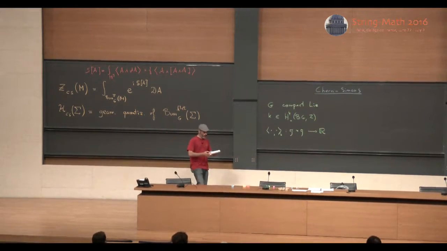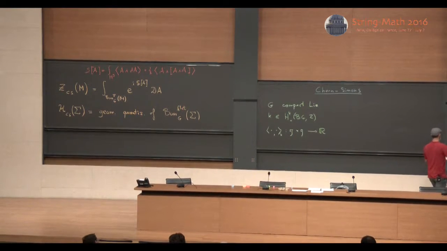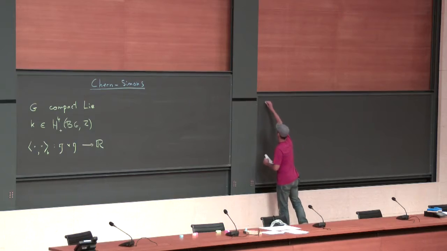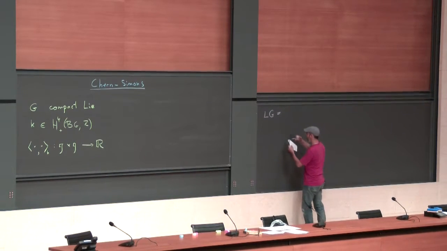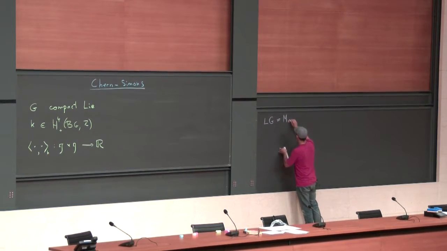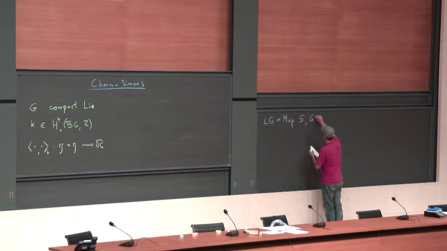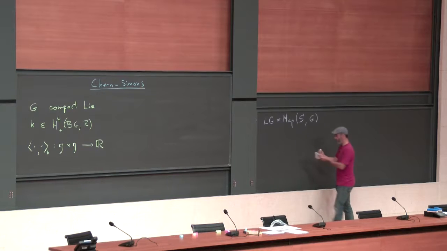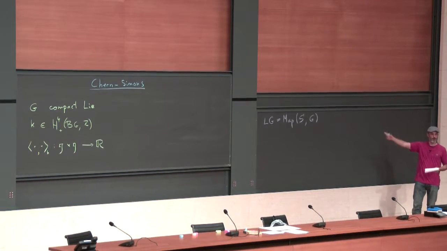So let me define the loop group LG to be the group of all maps from S1 into G. The configuration space of a string moving on the group manifold G.